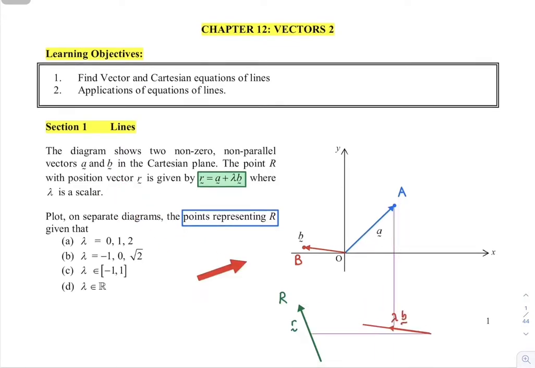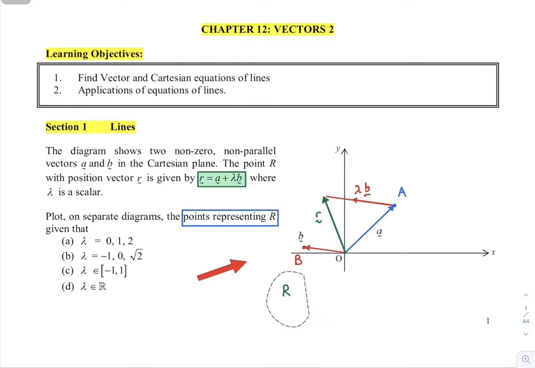So in this particular diagram, if we were to take a portion of vector B, for example, lambda B, the vector lambda B is parallel to B. By applying the triangle law of vector addition, the vector A plus lambda vector B, we will be able to get the vector R, which represents the point R as noted.